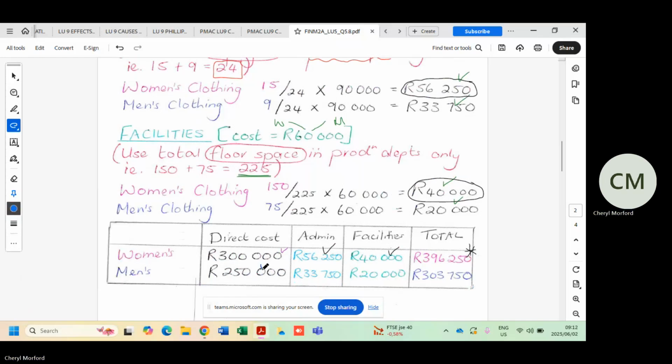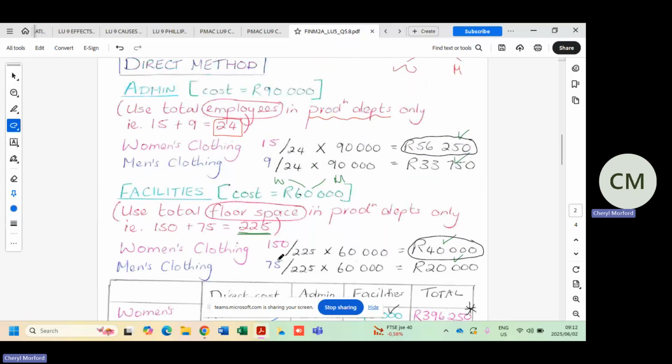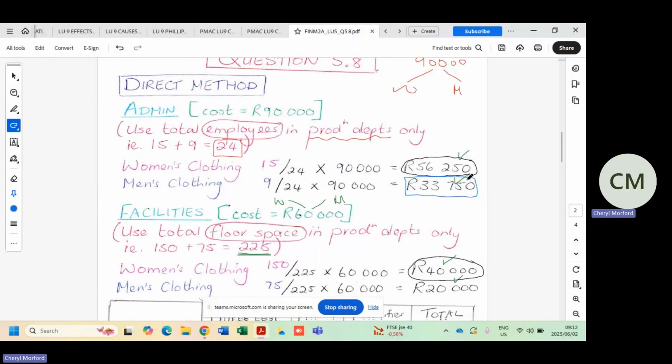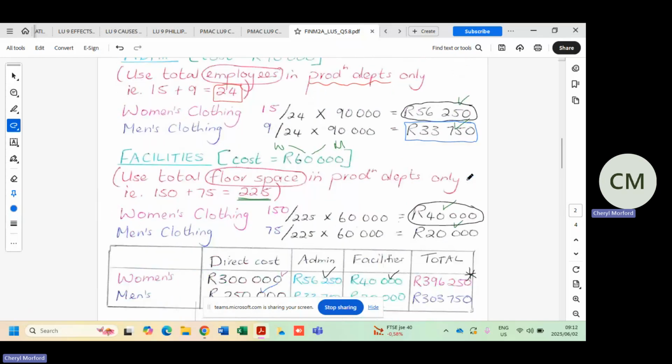Now let us do the same for men. There's its 250,000 direct department cost. Now we're going to come to admin. We see over here, on the basis of number of workers, we're going to add 33,750 admin cost to the production department, men. And we're also going to do the same for the other service department, which is facilities.